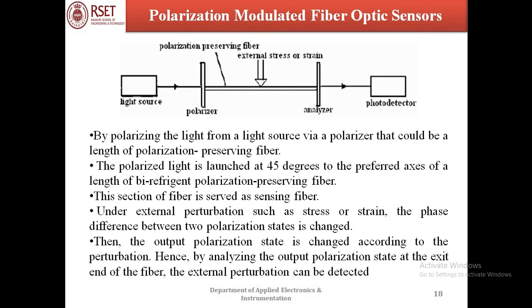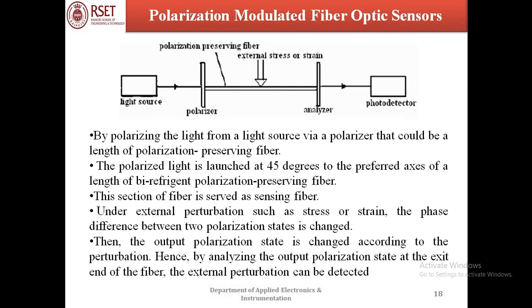The diagram shows the optical setup for a polarization based fiber optic sensor. It is formed by polarizing the light from a light source via a polarizer that could be a length of polarization preserving fiber. The polarized light is launched at 45 degrees to the preferred axis of a length of birefringent polarization preserving fiber.